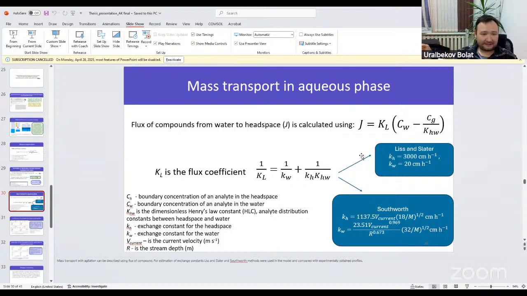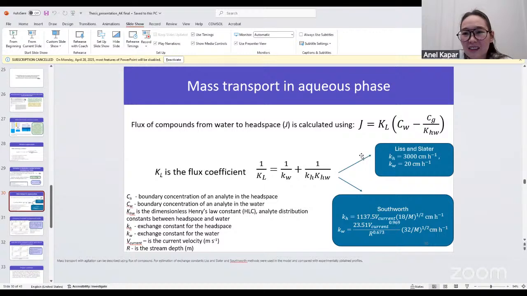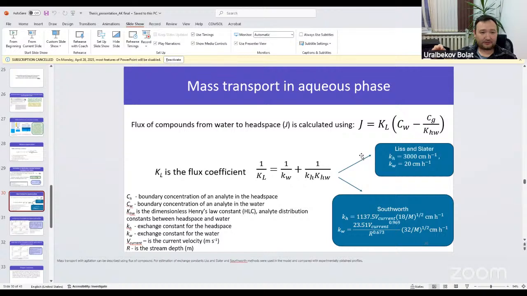Have you found different behavior when you modeled these 4 compounds? Yeah, the difference is in the equilibration time. It's different for all compounds.